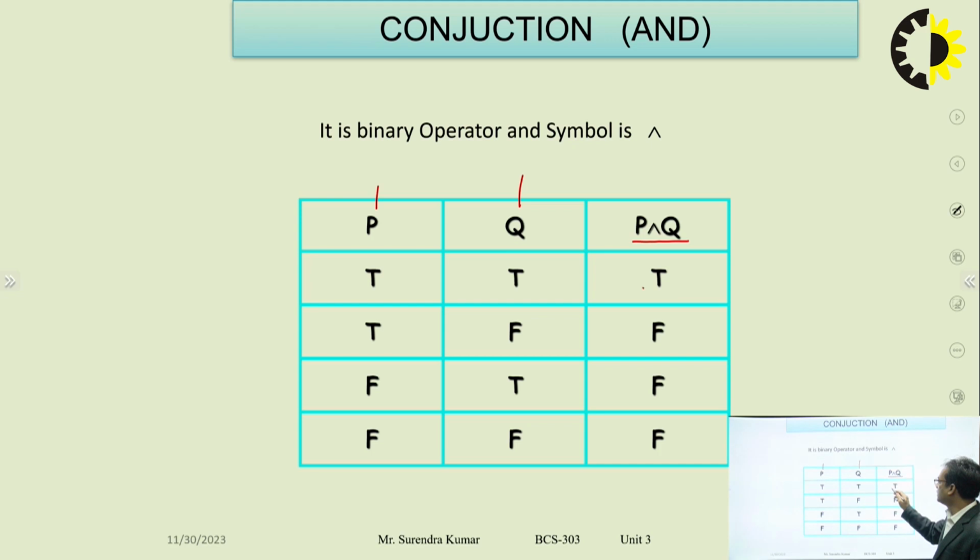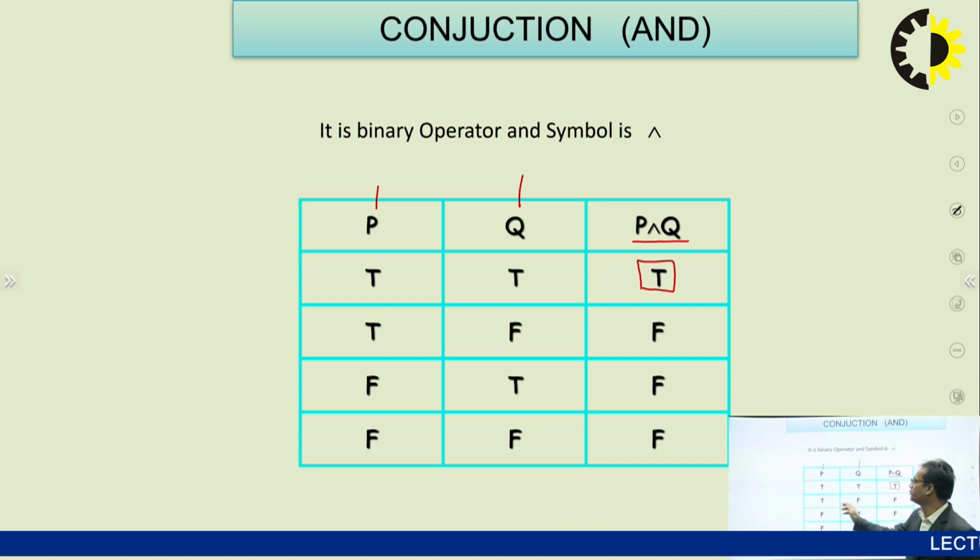So this single true value will be found here with these different combinations of P and Q. As you know, there are 2 operands, so you will have maximum 4 possible combinations: true, true, true, false, false, true, false, false, right?